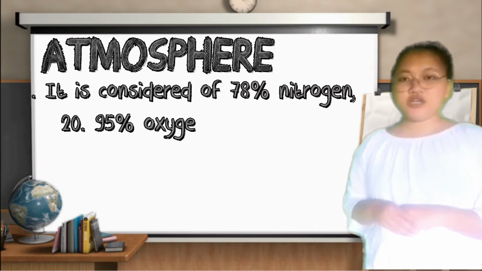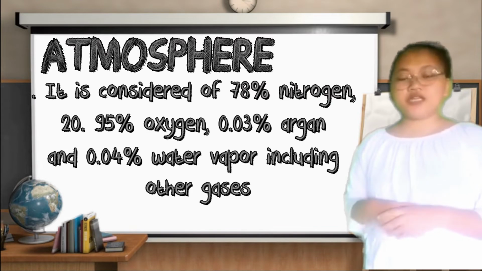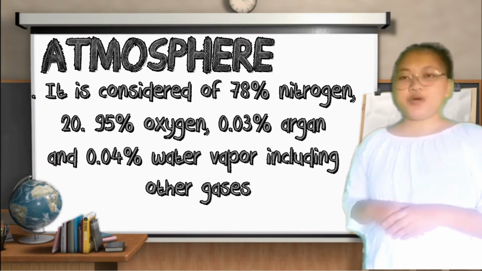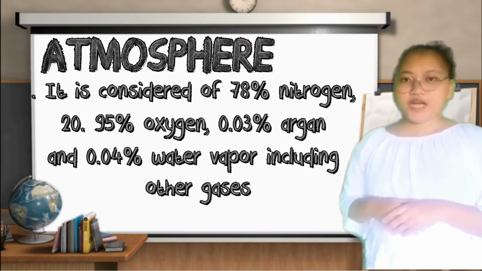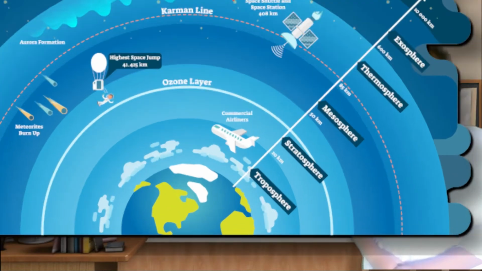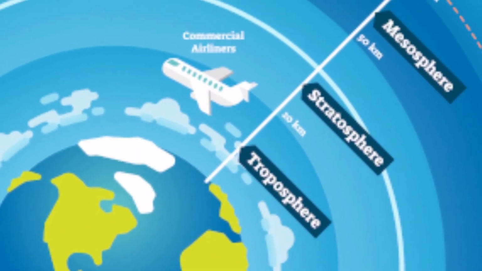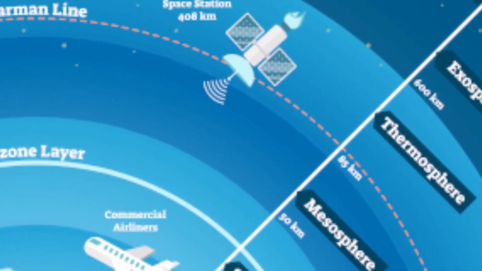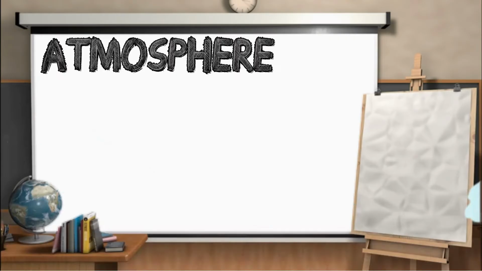It consists of 78% nitrogen, 20.95% oxygen, 0.02% argon, and 0.04% water vapor, including other gases. Different layers of the atmosphere include the troposphere, stratosphere, mesosphere, and thermosphere.